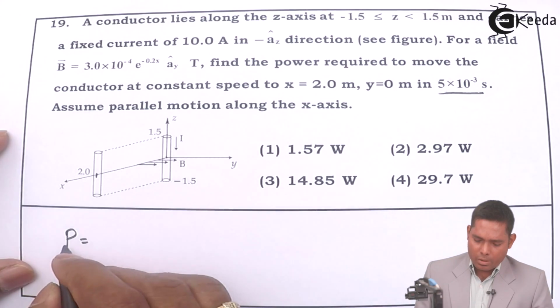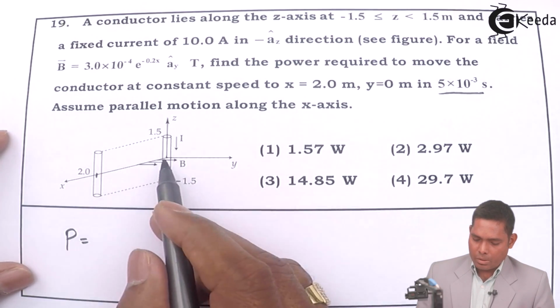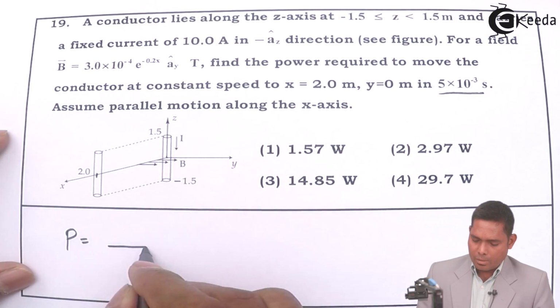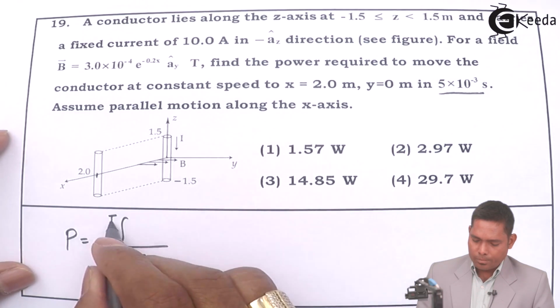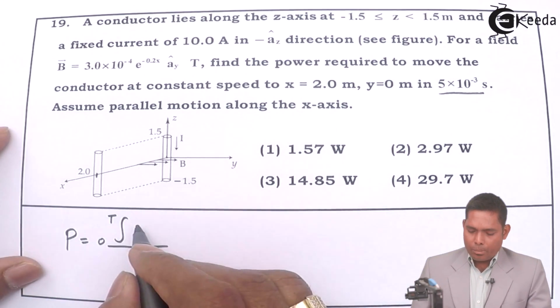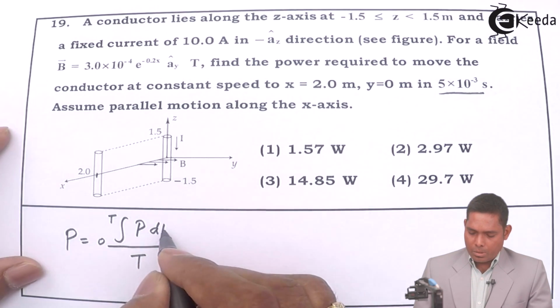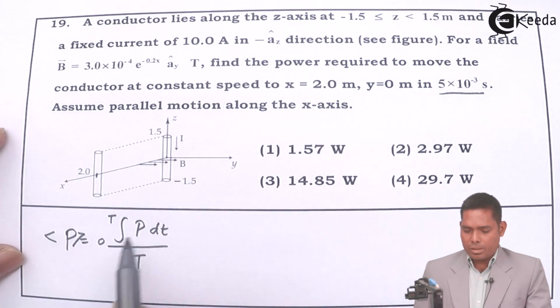So the average power consumed formula is, if the total time taken is t, the integration from 0 to t of P dt, divided by t. That will give me the average power.